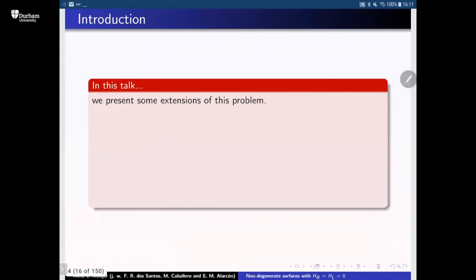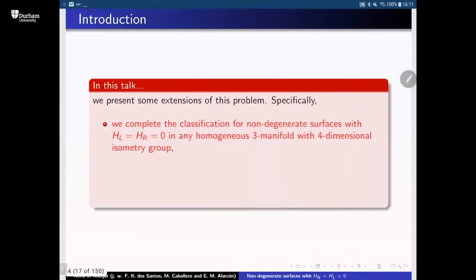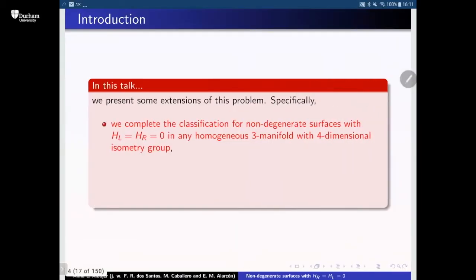What I want to present in this talk is some extensions of this problem. First of all, we were able to complete the classification for non-degenerate surfaces such that both mean curvature functions vanish in any homogeneous three-manifold with four-dimensional isometry group.